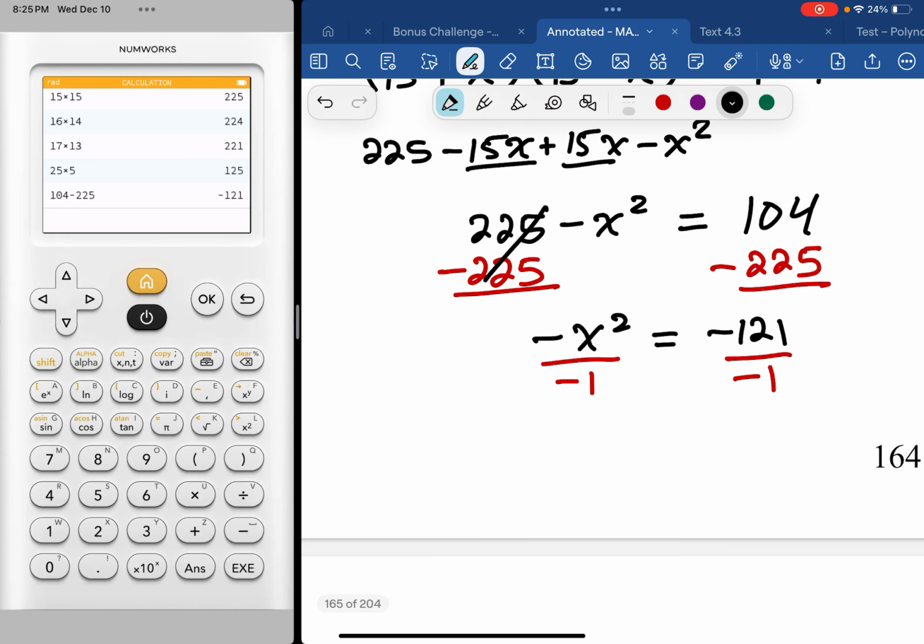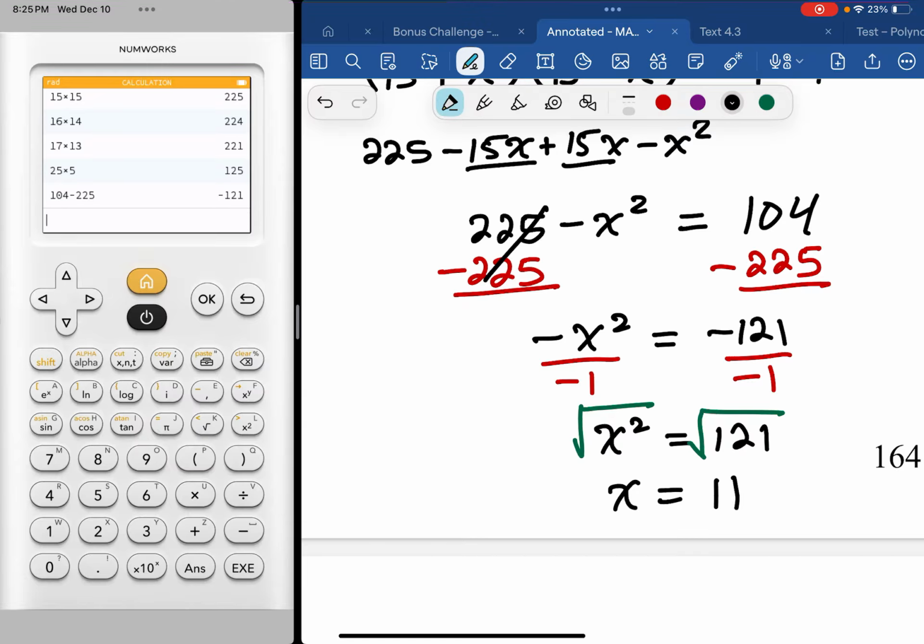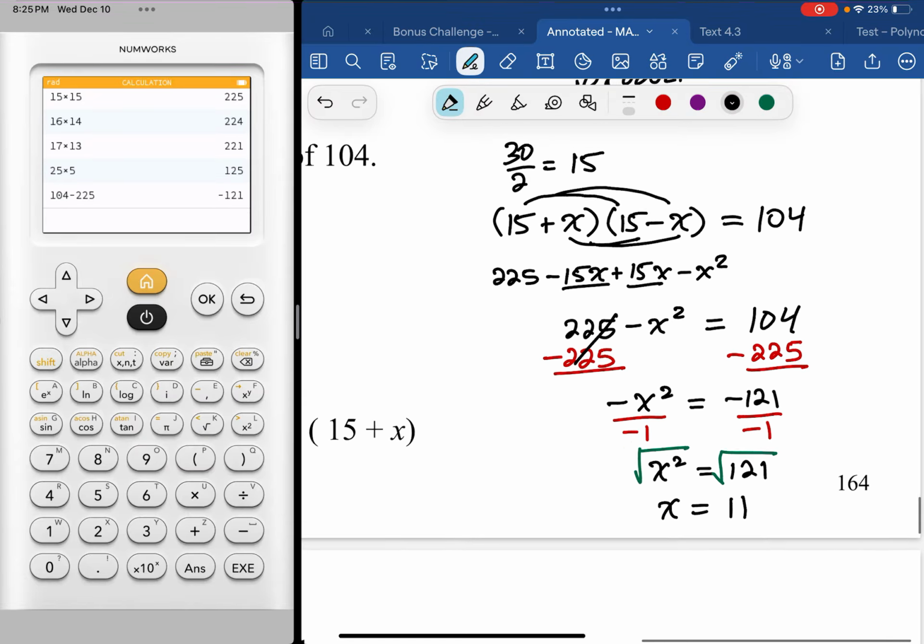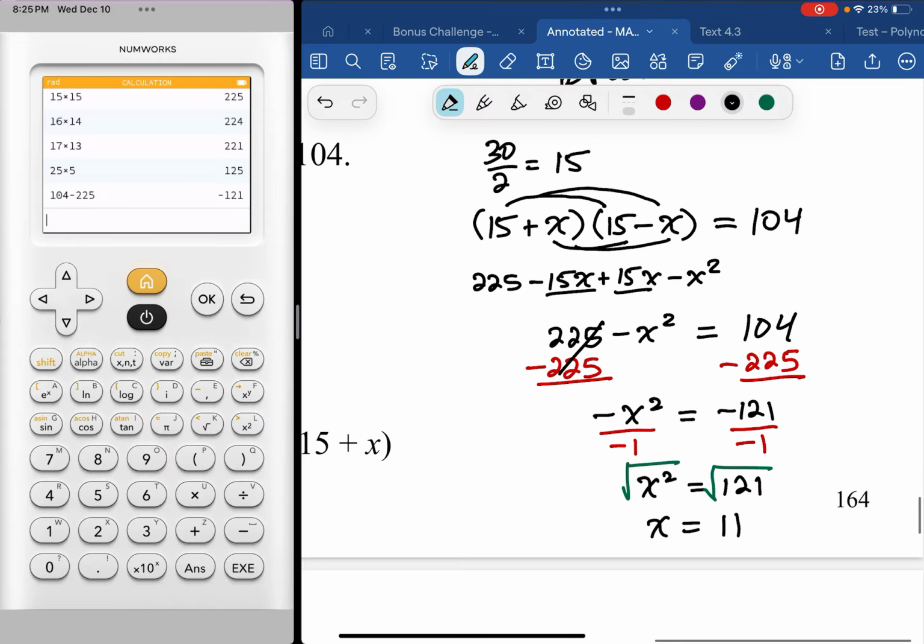That'll get me x squared is equal to 121. Then I would take the square root. The square root of x squared is x. And because this is a Babylonian algorithm, we would only go with the positive. So x is equal to 11. But you could also make a case for a negative 11.